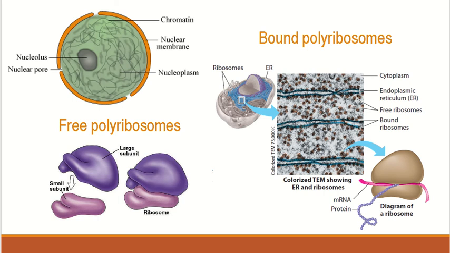Well, the reason is that ribosomes are a major component of the translation process. Whenever mRNA is being translated into proteins, one must always keep in mind that one ribosome is not enough.